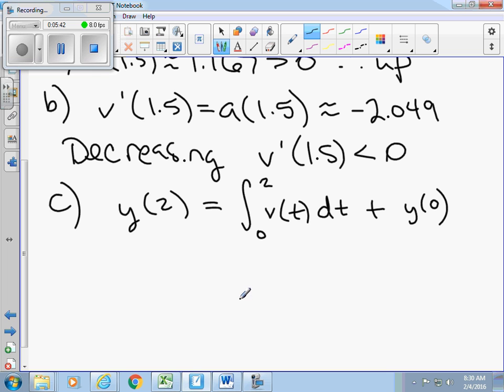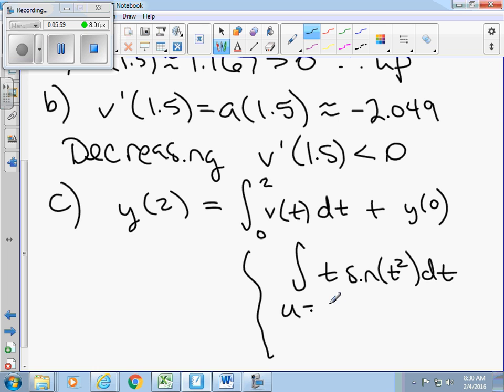Does anyone want to see me do that antiderivative just for practice for the mastery exam? Okay. So the integral, what was it, t sine of t squared? I'm going to let u be t squared.